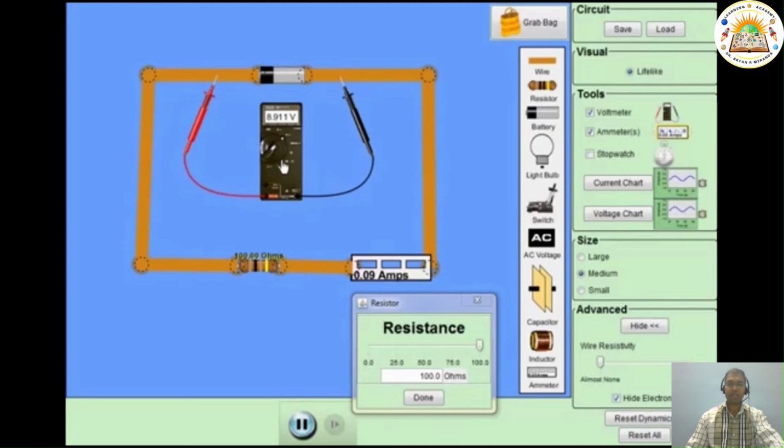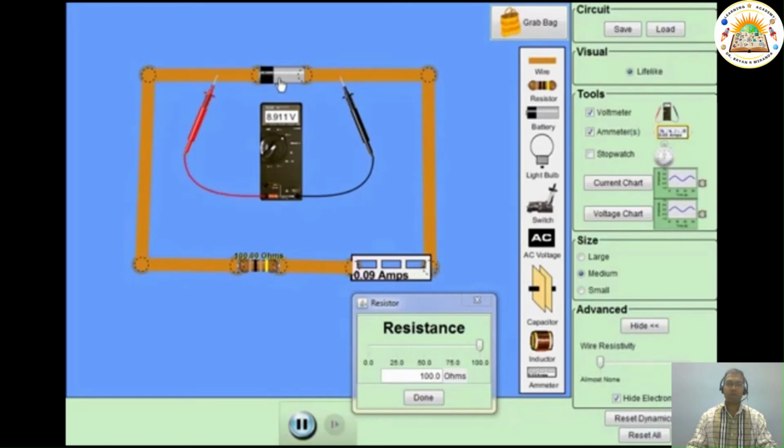So we can go ahead and consider our cell to be a perfect cell. When we say it is a perfect cell, our understanding is that it is going to supply current and we are going to get a certain potential difference. In this measured potential difference, we are keeping in mind that the internal resistance of the cell is also taken into consideration.